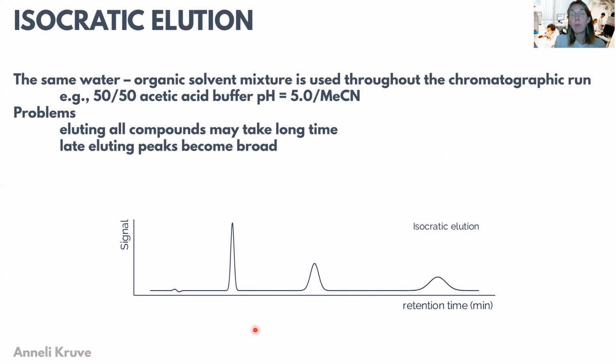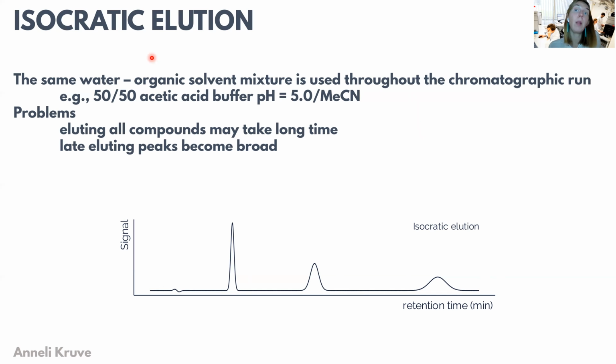Another very important factor in the chromatographic separation with reverse phase chromatography is choosing the mode of elution. The traditional way is an isocratic elution. This means that during the whole chromatographic run, the mobile phase composition is the same.